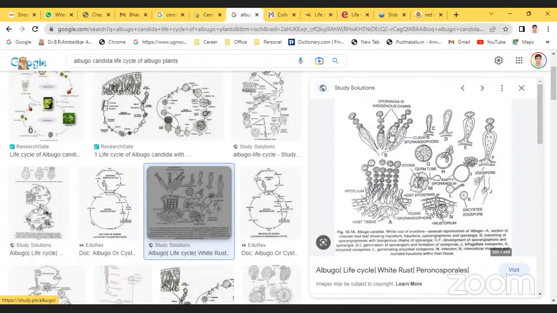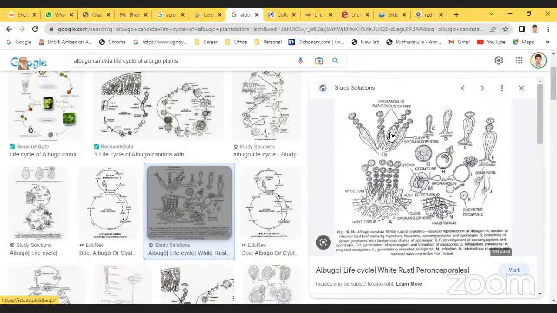Finally, in the sexual reproduction, the zygote, which is set free after the decay of the host tissue, undergoes a period of rest and produces numerous zoospores. The zygote bursts and zoospores escape into a vesicle, which later dissolves, and the zoospores with two lateral flagella are set free. They swim for some time and infect the susceptible host.